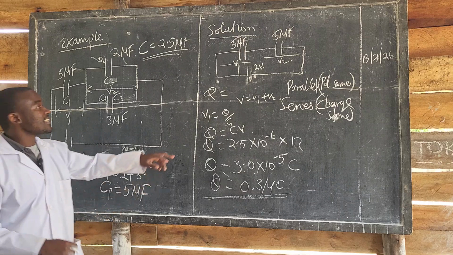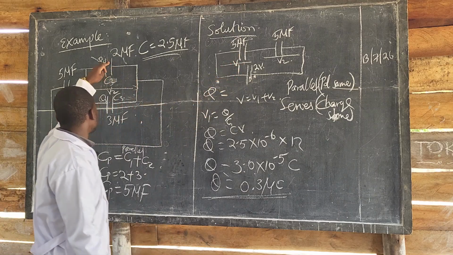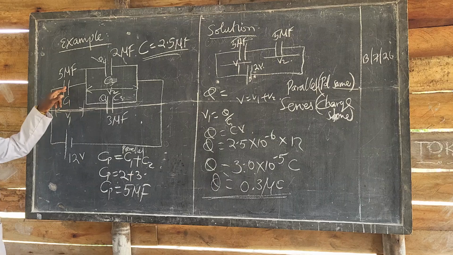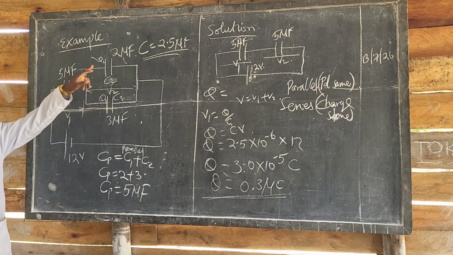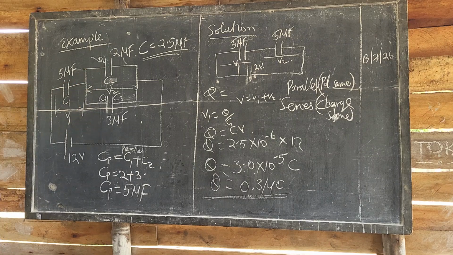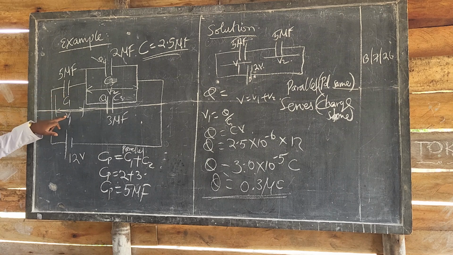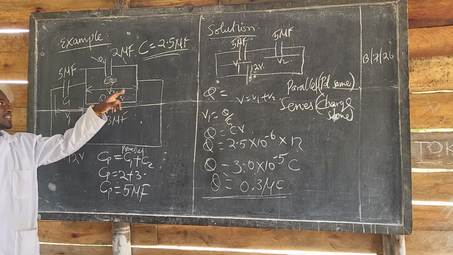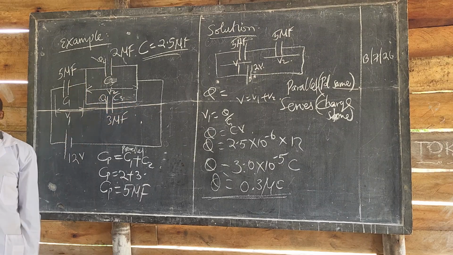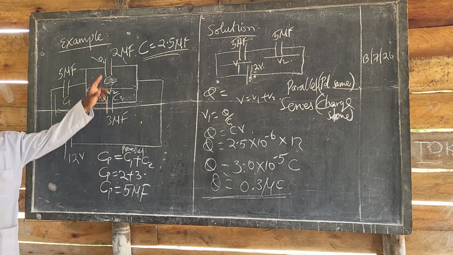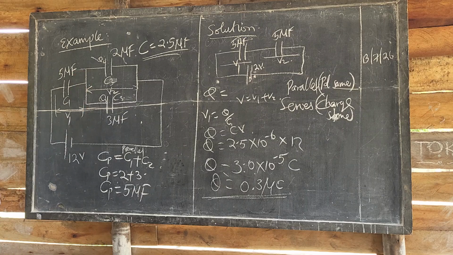We cannot find the charge of each of these unless at least we know the charge on either of the three. We at least need to know the charge on this, then we use it to get its PD. Then after getting that PD, we get the PD across this. Then using that PD and the capacitances, we can get the charge on either. So that one is nullified.